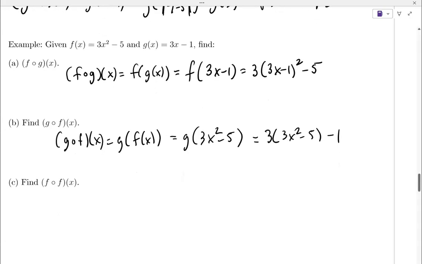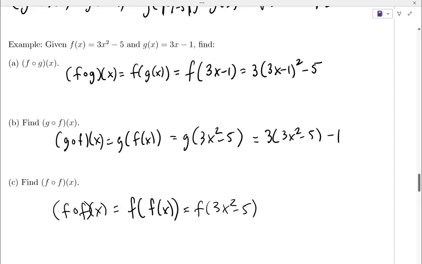And it doesn't matter that I wrote the same letter twice here. This says do f composed with f of x. If we write it out by the definition, what does that mean? Yeah, it'd be f of f of x, right? That's literally what it means. F of 3x squared minus 5. And again, this now means take out the x in f and replace it with what's in the parentheses.